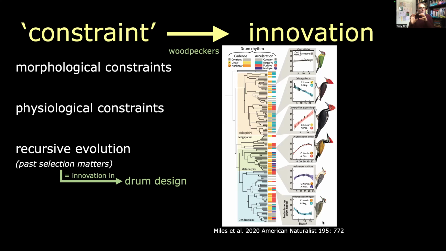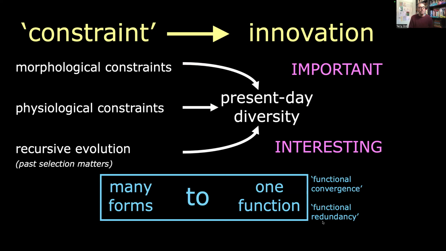Now, the thing is that once a certain rhythm has evolved, it constrains that lineage to only then be able to tailor the design of the speed and the cadence of those drummings, depending on what's allowable within that particular rhythm sequence. So past selection has set these lineages onto different adaptive trajectories, and hence you'll get lots of diversity in the drumming patterns across these closely related species.